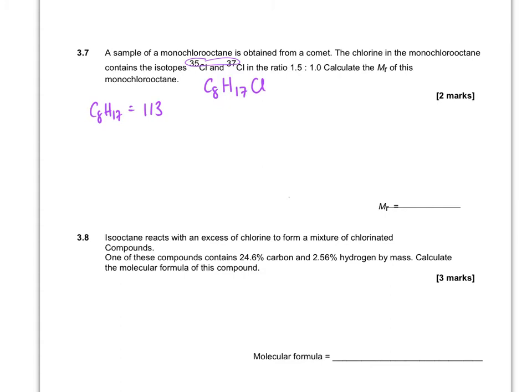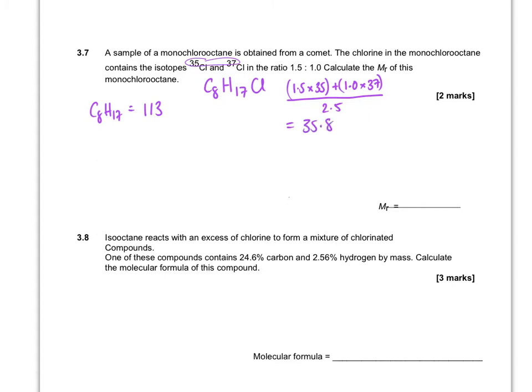So it's going to be 1.5 times 35 plus 1 times 37. And then we'd need to divide that by the total abundance, which would be 2.5. So that is 35.8.